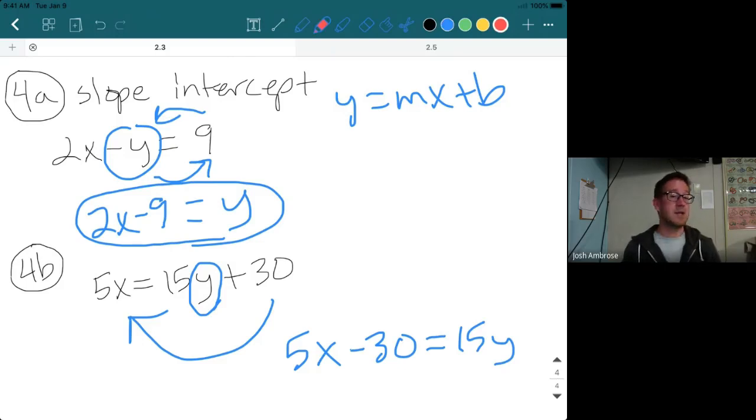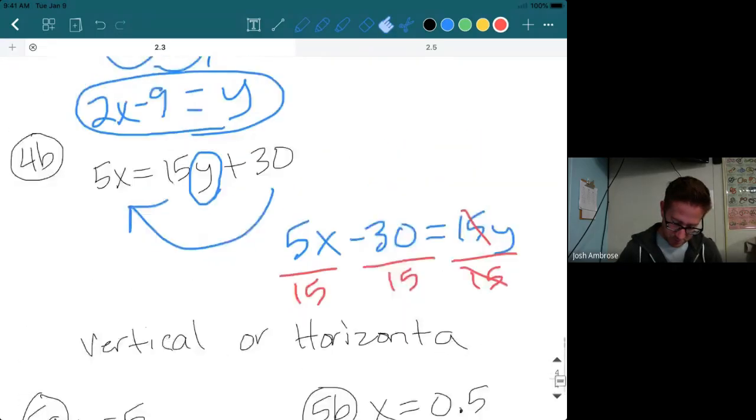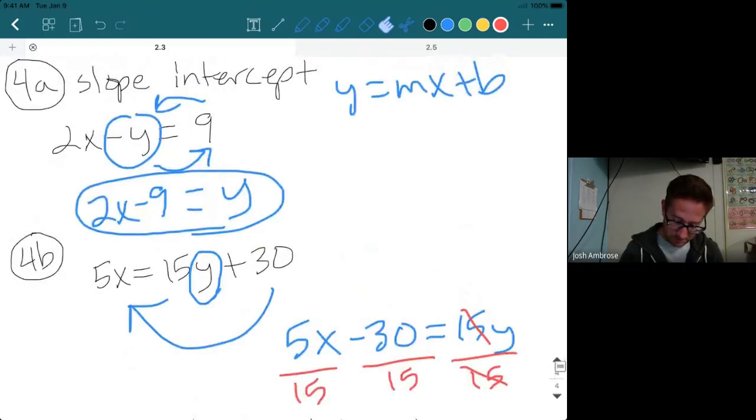Then I got to get rid of that 15, so I isolate the y completely by itself. The only way to do that is to divide everything, all the terms, by 15. So we do that, crosses out here, 15, 15. All right, we're going to need a little bit more space. Maybe we're going to work above it.